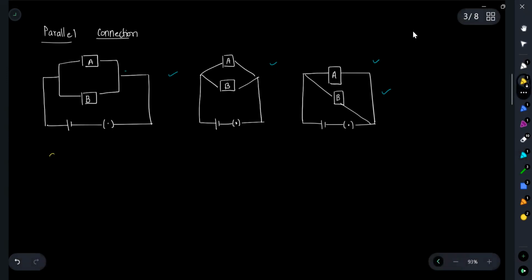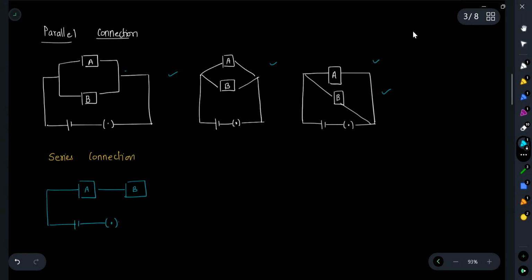Series, on the other hand, series connection. Again with an example. Let's draw series connection, device A and device B. They will be in the same line. This is a series connection. Now this is also series, and even if I draw this, A, hold it down here, B, this is also a series connection.